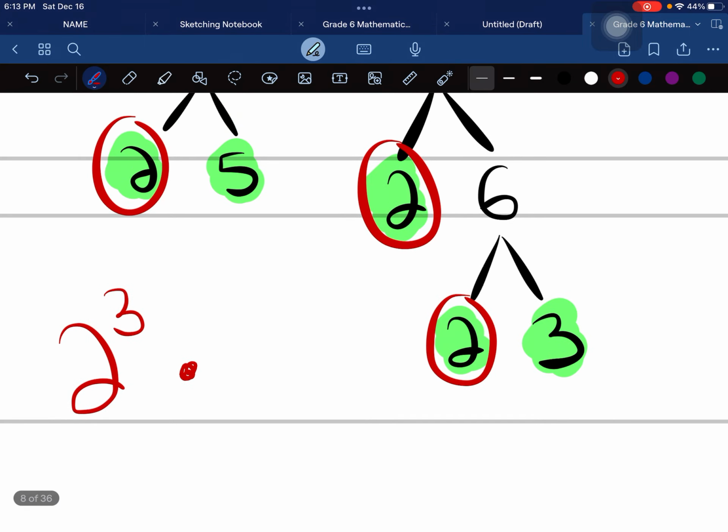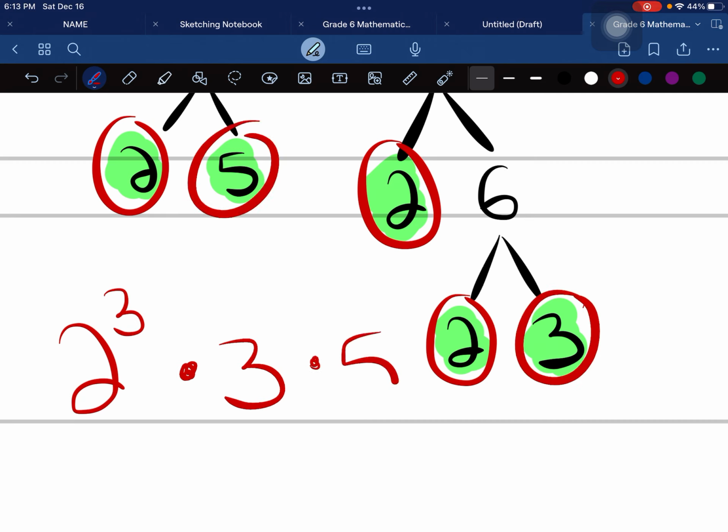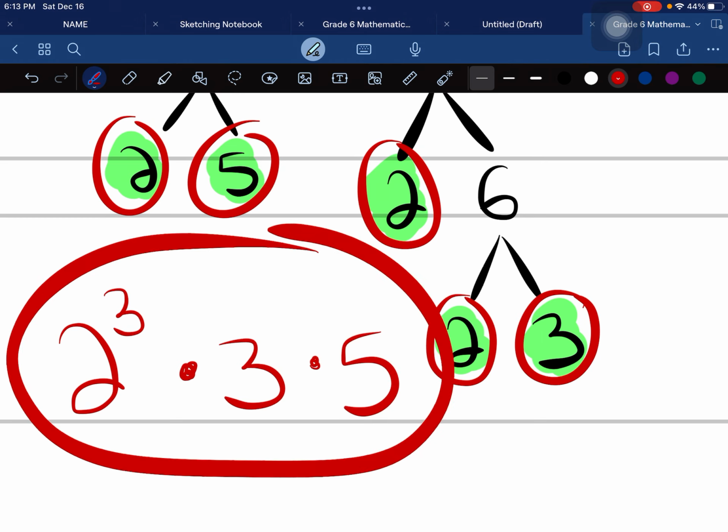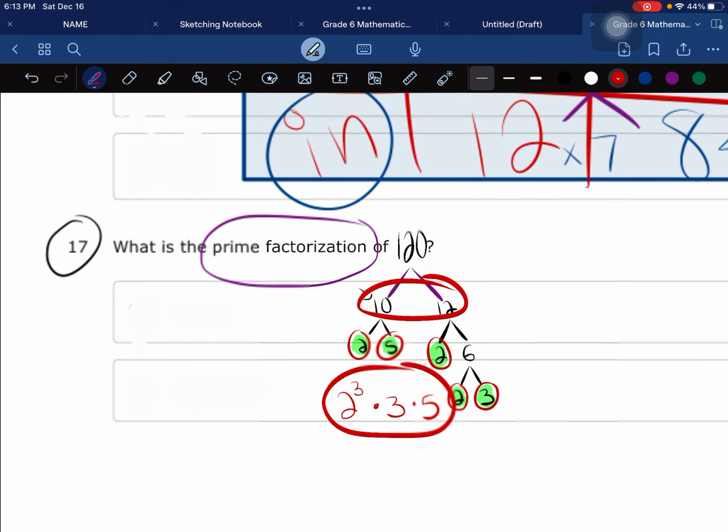And the next number would be 3. How many family members? Nomás uno. So we don't even have to bother putting the family members because it's him alone. Y ahora ya nomás queda él. So times 5. And this is your answer. This is as reduced as we can make it. Lo más reducido que se puede. Perfecto. Perfect.